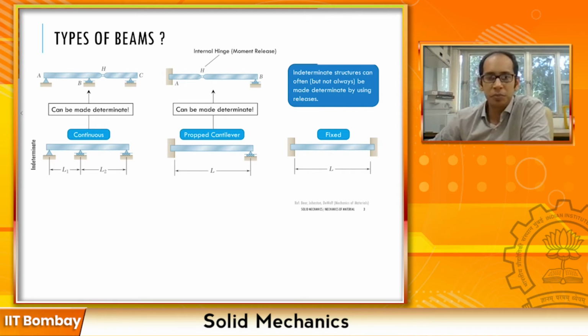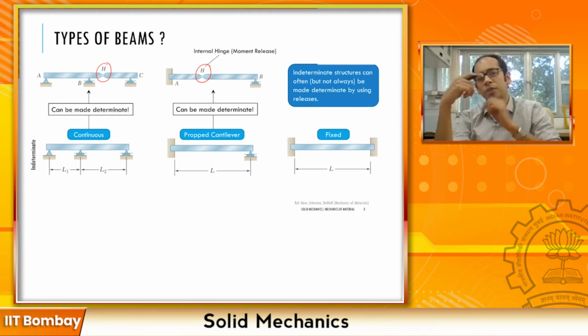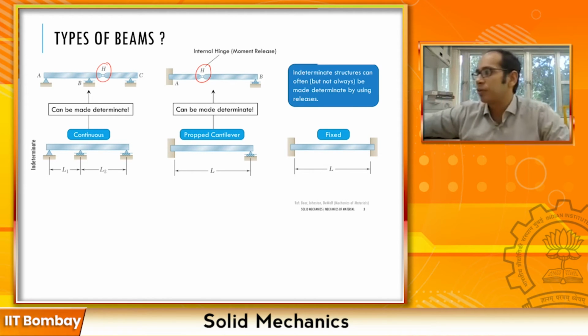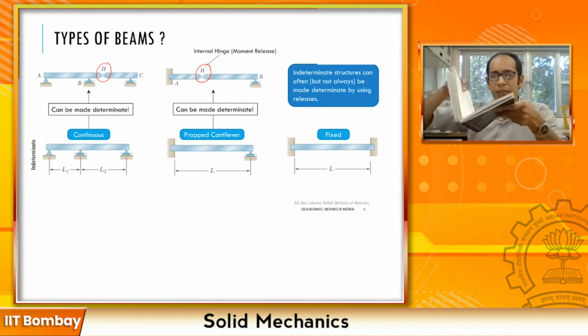For example, in the continuous beam as well as in the propped cantilever beam that you see, if you introduce a hinge, you are imposing an additional condition. Remember the discussion we had in one of our earlier lectures, that the hinge is something which cannot resist a moment. If I have a beam, a hinge cannot resist a moment.